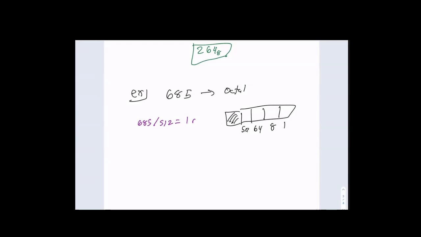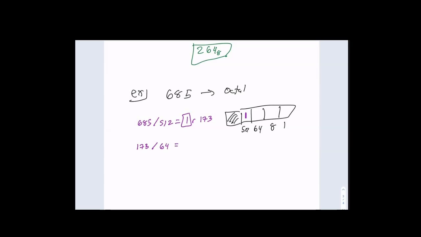What do I get? 173. Okay, so there's a 1 right there from this remainder. So now 173, and we're going to divide that by 64.